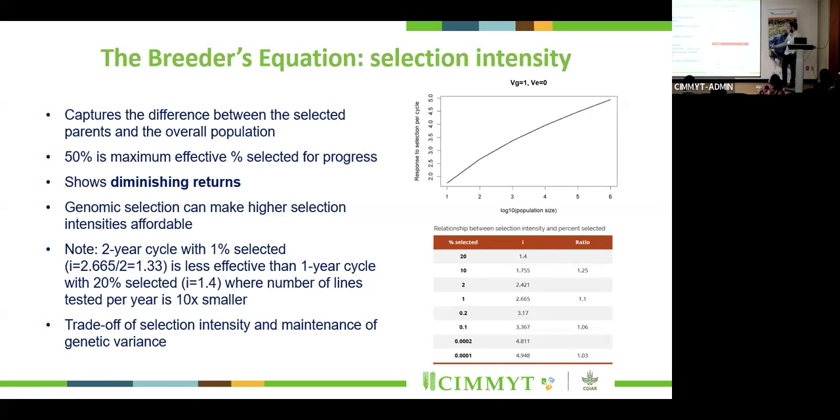Now, you may really think in some cases, and as we've already discussed, you're constrained by how many crosses you can make. So you might actually select quite intensely because of the constraint. But when you're thinking about selection intensity, we really need to think about the fact that the harder you select, the more it costs and the less the benefit. It's a plateau. There's diminishing returns. This is the critical point.